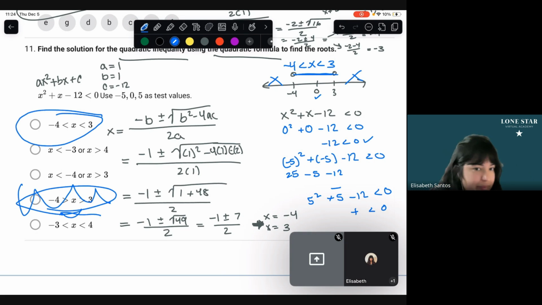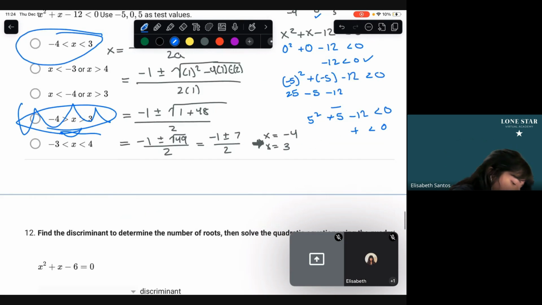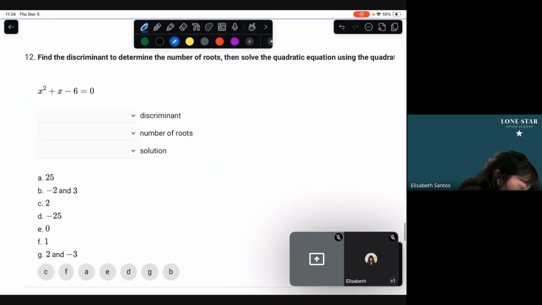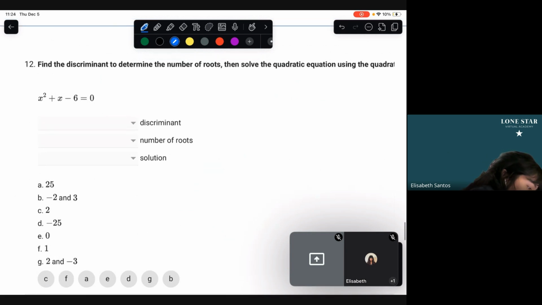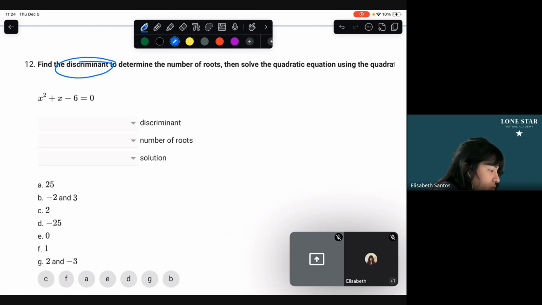All right. Then we're going to move on. Number 12. So find the discriminant of the following, then solve the quadratic equation using the quadratic formula.